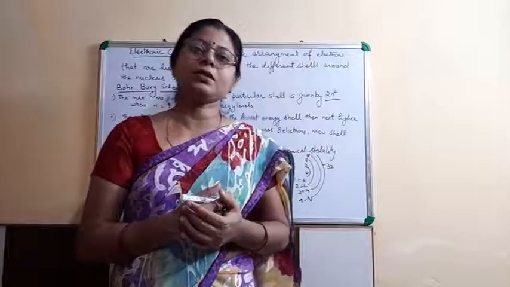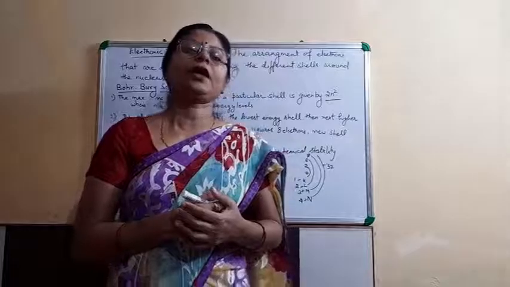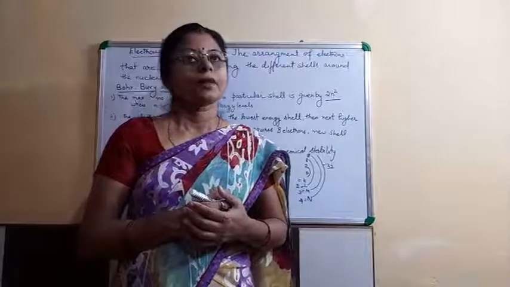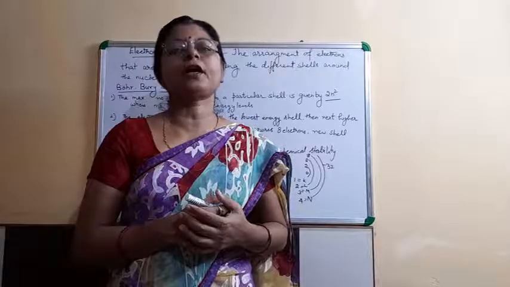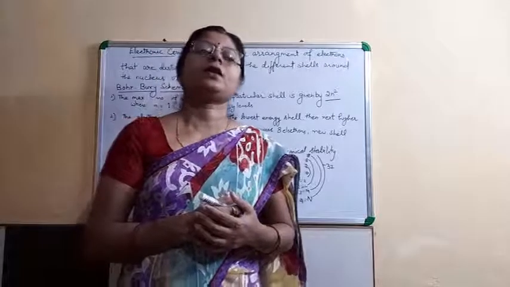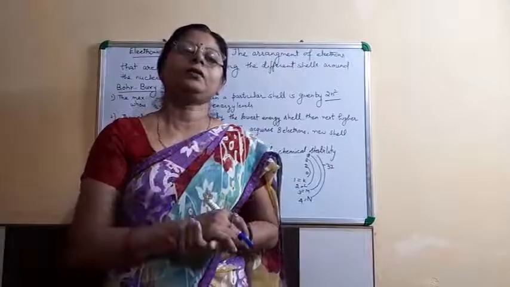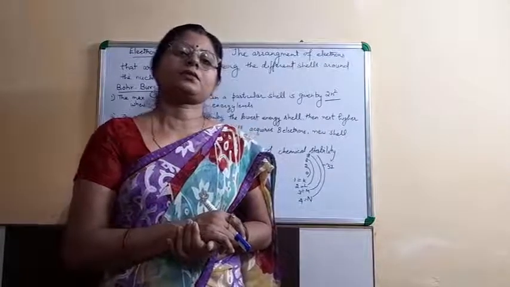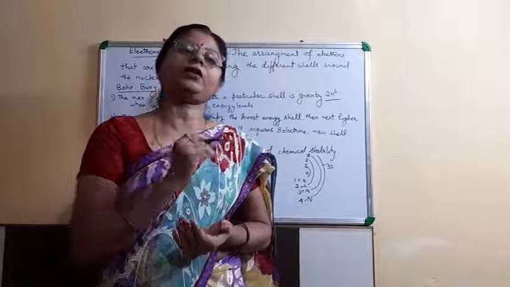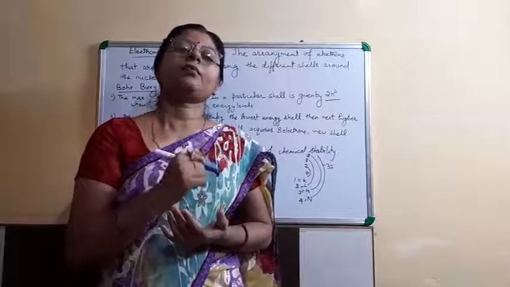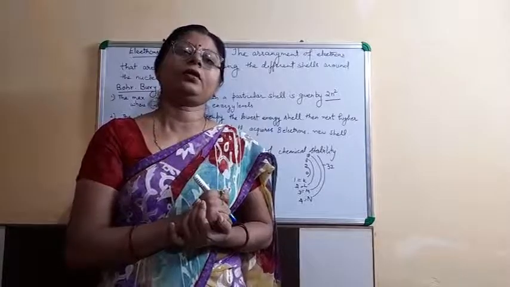Other atoms try to gain 8 electrons in their valence shell, as 8 electrons, that is the octet structure, is the most stable chemical structure. Means if the atom has 8 electrons in its valence shell, it is chemically inert in nature. Further it will not form a bond.